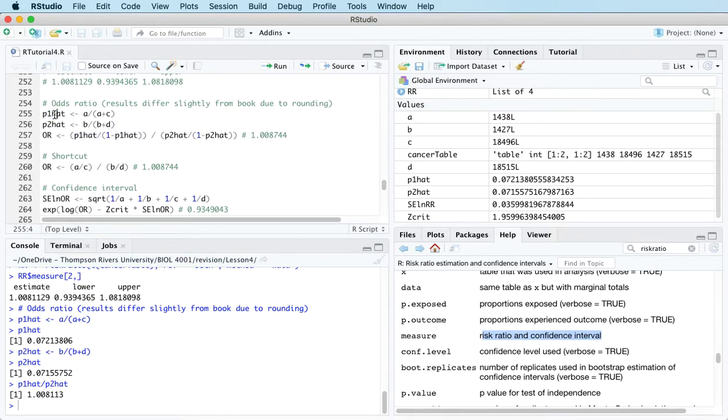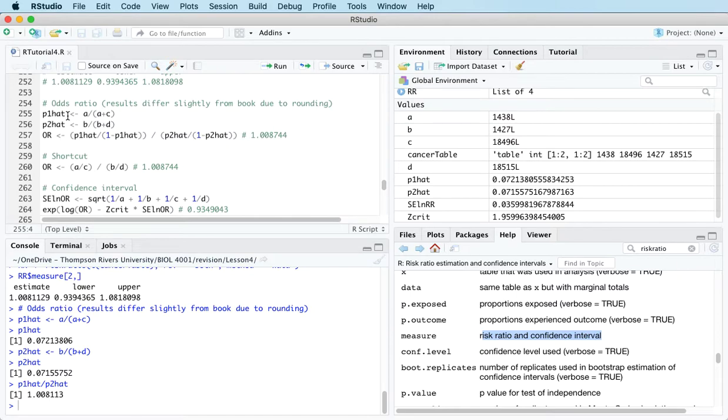So P1 hat is an estimated probability. And it represents the probability of a woman developing cancer if they're in the aspirin group. We could also think of the odds of a woman developing cancer if they're in the aspirin group.